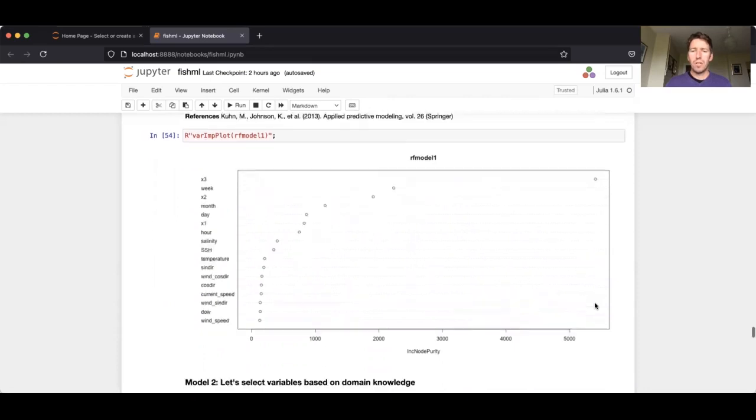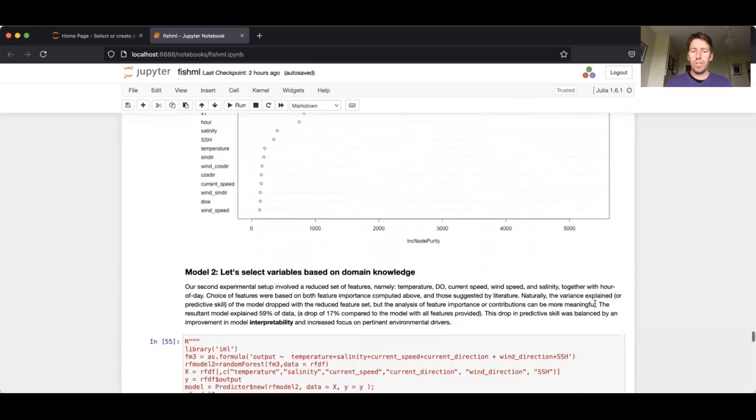In our next model, we reduced the features available to focus specifically on environmental drivers and inform on how those condition and contribute towards the variations and dynamics of fish in a cage.